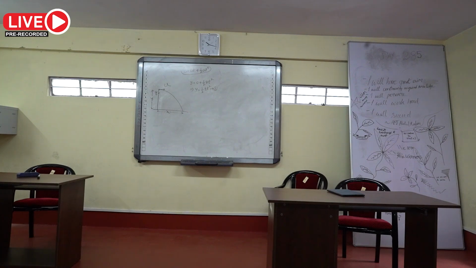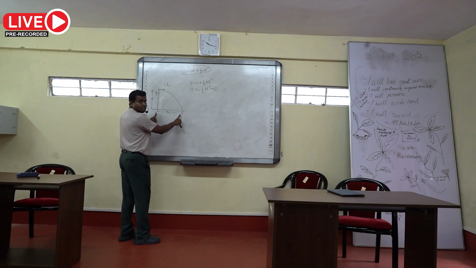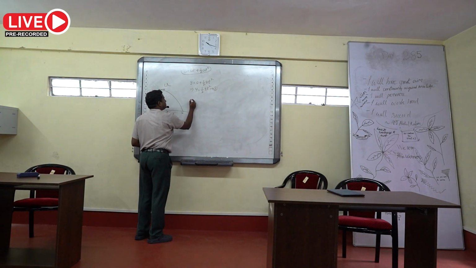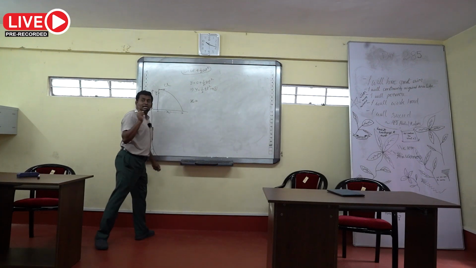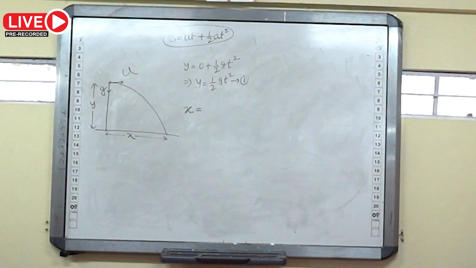Now for the horizontal motion, what is the displacement in horizontal direction? X. This one. Okay. So again for horizontal motion, s is equal to x. Is there any initial velocity in horizontal direction? Yes, that is u.